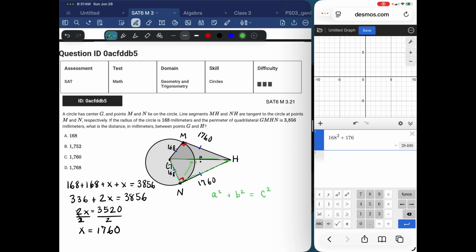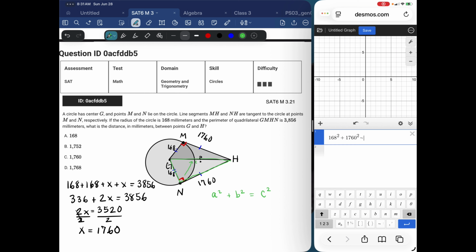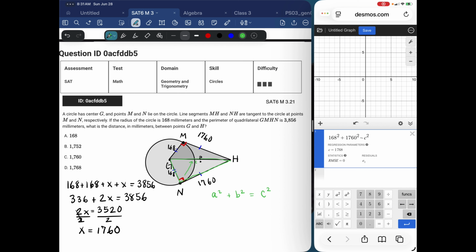Okay. And I'm going to regress to find C. So C squared. Okay, so it tells us that C is equal to 1768. So the length of G to H is 1768.